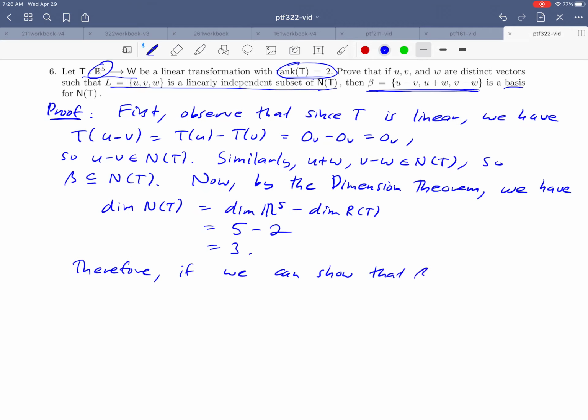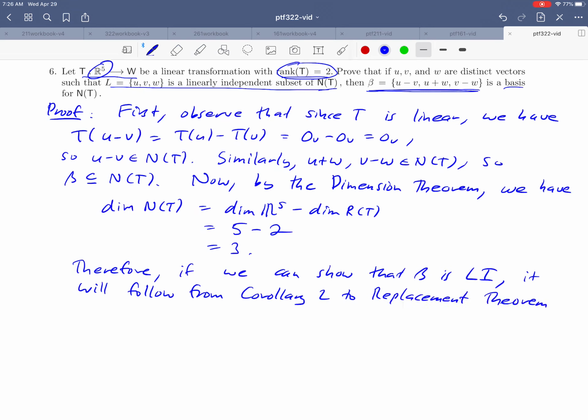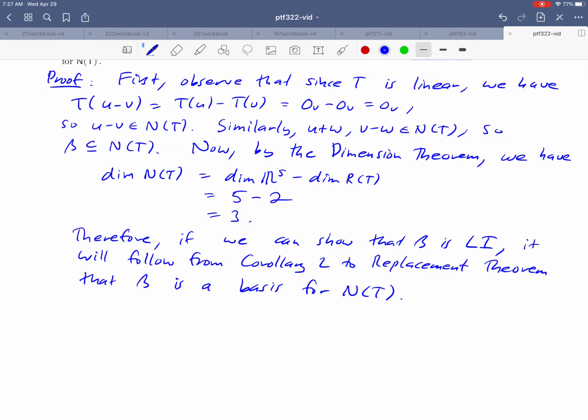If we can show that beta is linearly independent, it will follow from corollary 2 to the replacement theorem that beta is a basis for the null space of T. So all we have to do is prove linear independence here, and we'll do that directly from the definition.